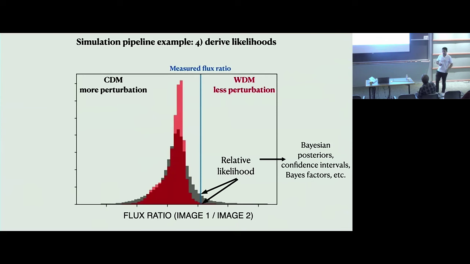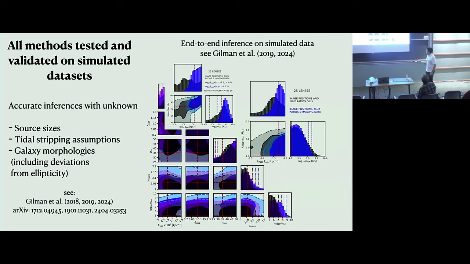Okay, so this is kind of your frequentist's spin on Bayesian statistics. It comes with many different names, right? Simulation-based inference, approximate Bayesian computing, things like this. And then I just want to stress before I go on that all of the things I'm talking about are tested and validated on simulated data.